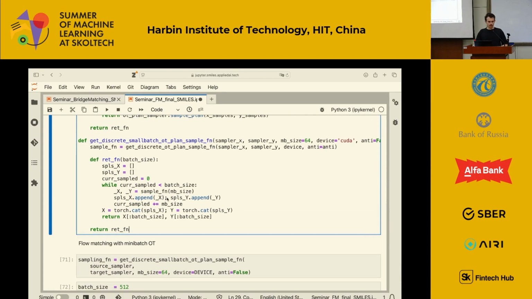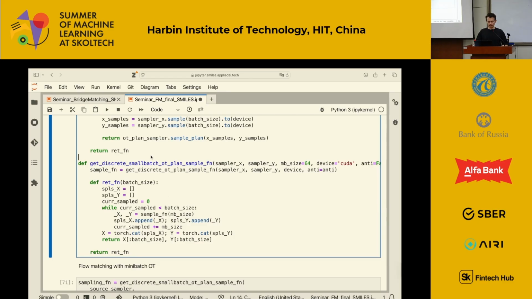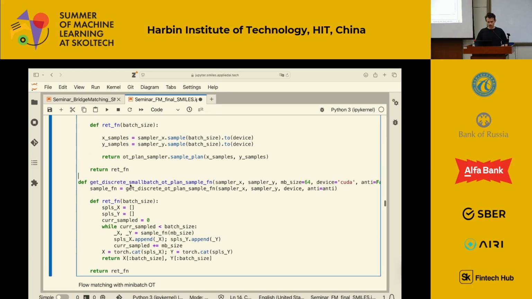All right, so we implement the sampler, which is very similar to the independent one that we implemented earlier. Another thing that we do here: I've said that constructing this mini batch optimal transport plan requires cubic time in terms of the number of samples, and hence if your batch is very big, then you have to do a lot of computation.